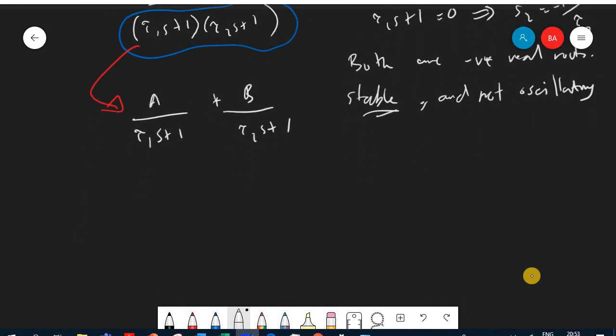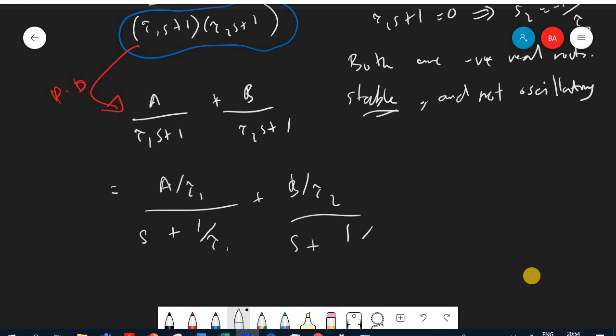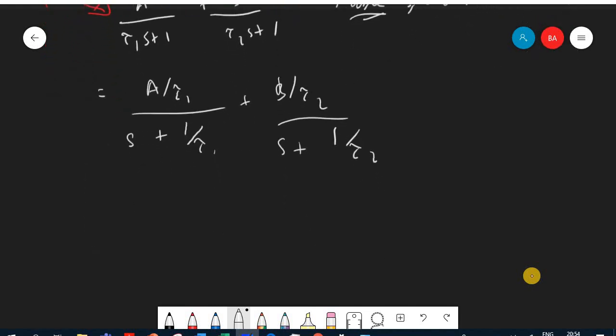Before I take the Laplace inverse, I need to fix it to the form 1 over s plus a, so that it is a over tau 1 over (s plus 1 over tau 1) plus b over tau 2 over (s plus 1 over tau 2). Now it's ready for the Laplace inverse.